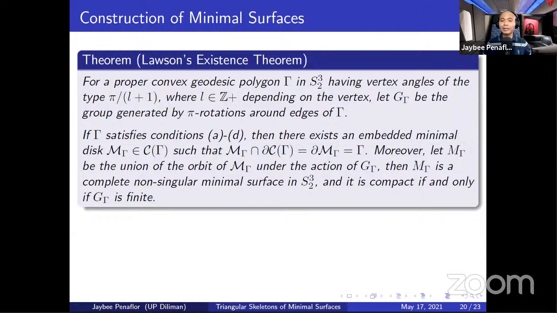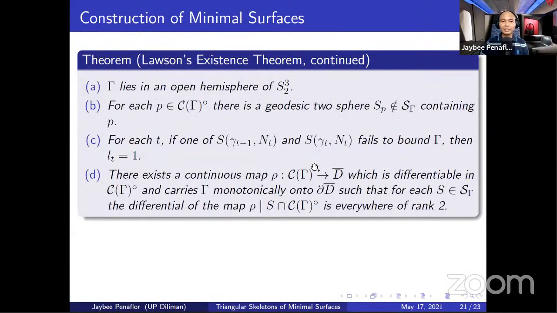in a previous lemma. Now we just really need to look at 4 other conditions. What are these conditions? Number 1, gamma, or the polygon, lies in an open hemisphere of S^3_2.